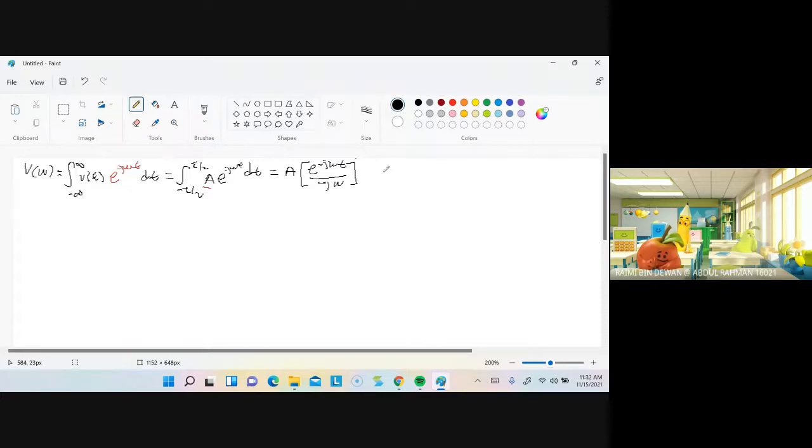Evaluated from negative tau over 2 to tau over 2. Then here comes your skill with Euler's theorem again.